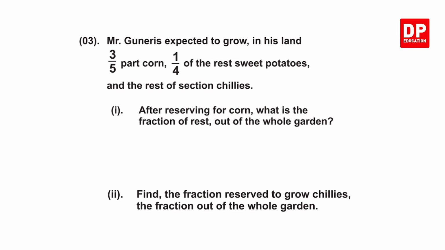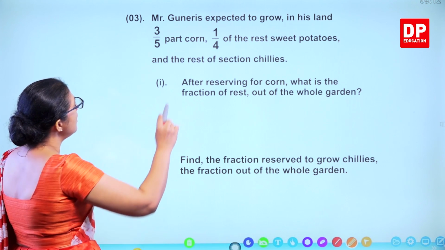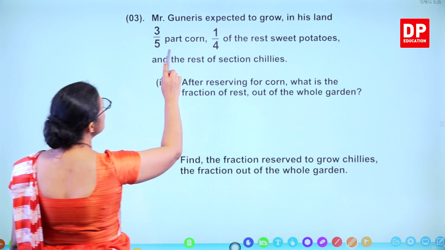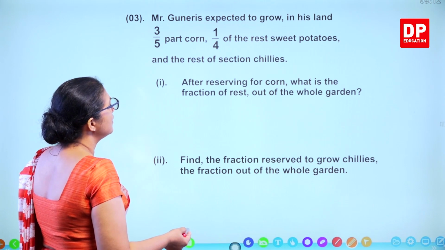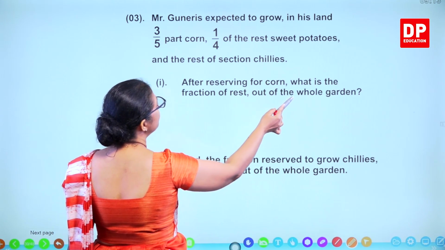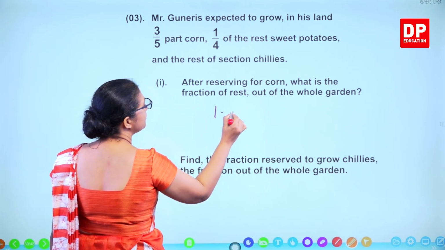First part. After reserving for corn, what is the fraction of the rest out of the whole garden? So here in his land 3/5 part is corn. So what's the rest out of the whole garden? 1 minus 3/5.